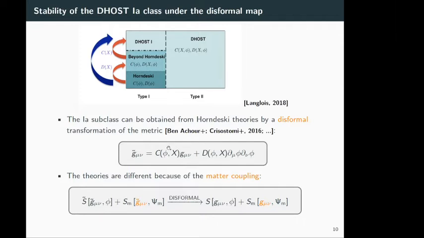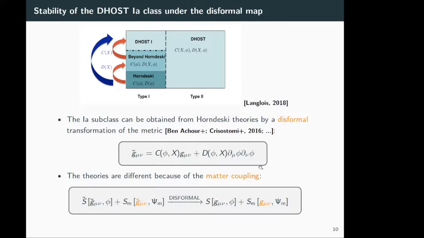People have shown that there is a class of scalar tensor theories called the 1A class, on the left part of this plot. If you start with a theory inside that class, you can perform this field redefinition of the metric and end up with another theory which is also in the class. So it's stable under the disformal map.